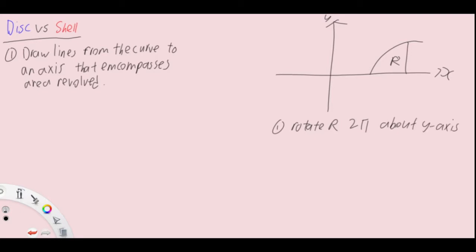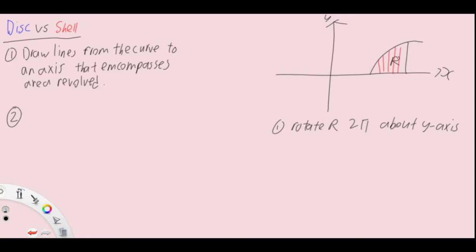What we do is draw lines from the curve to an axis that encompasses the area revolved. We draw the lines downwards, because the area is at R. We cannot draw the curve to the y-axis, it wouldn't work. So we notice that the lines are parallel to the y-axis, which is the axis they're revolving about.